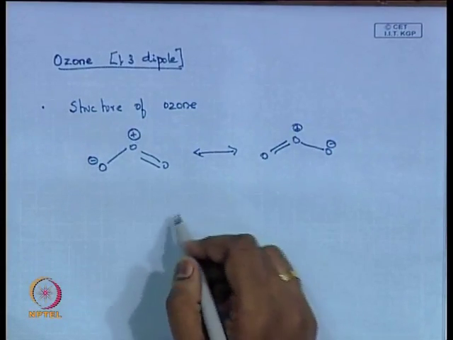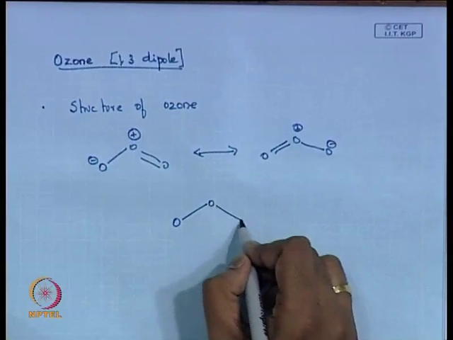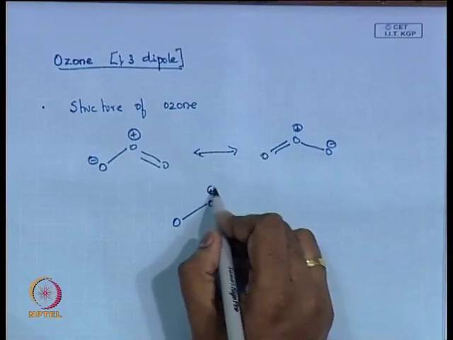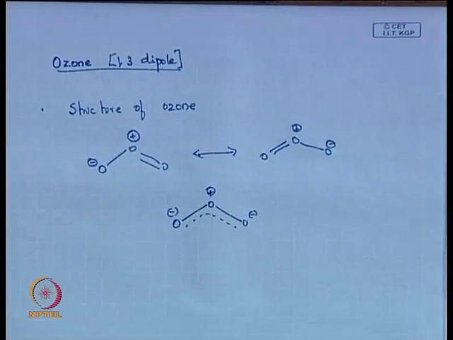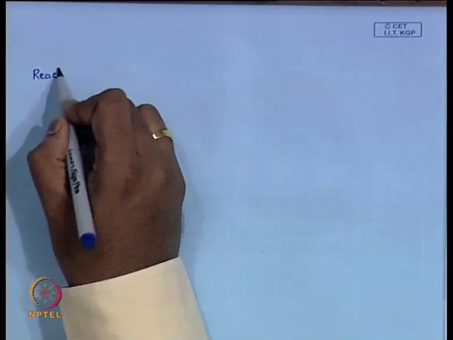Simply, if you draw it commonly, it can be done like this, right. That should be the structure of ozone, which you know very clearly, just to show you. Now, we will see how this undergoes 1,3 dipolar cycloaddition. We will take a simple alkene and see how this chemistry works.